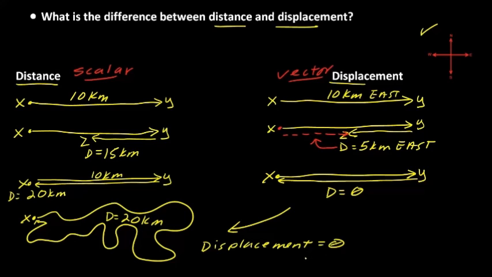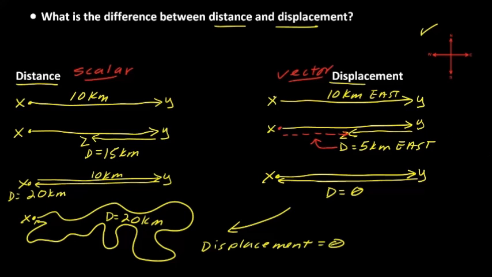Why is it 0? Because displacement is the straight line distance and direction between the starting point and the ending point. Another way to say this is how far and in what direction you are displaced from the origin.